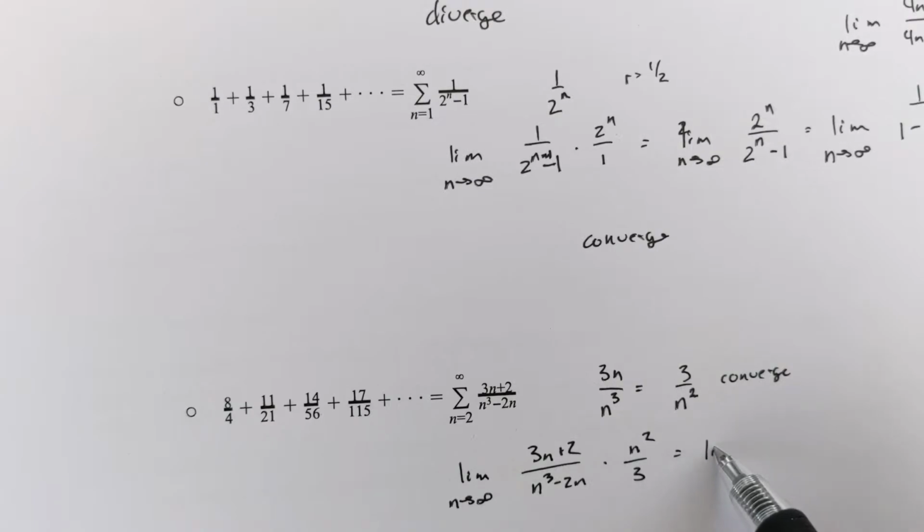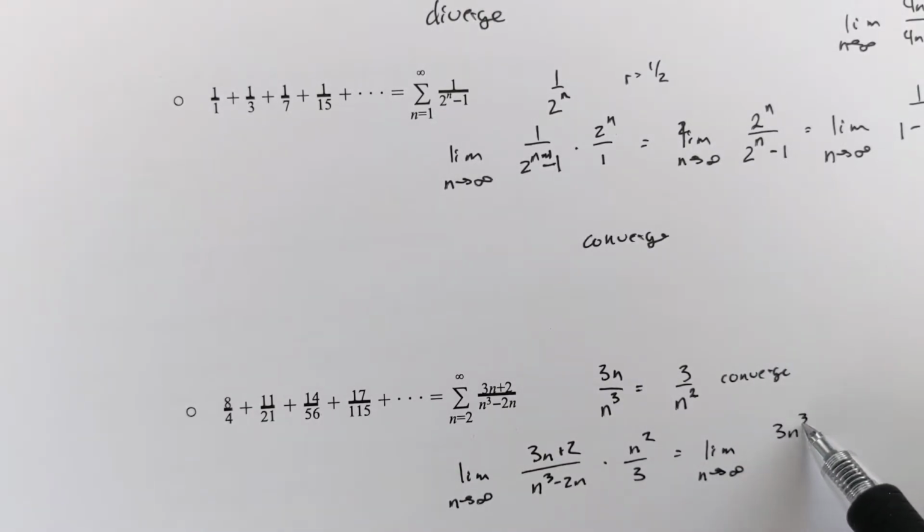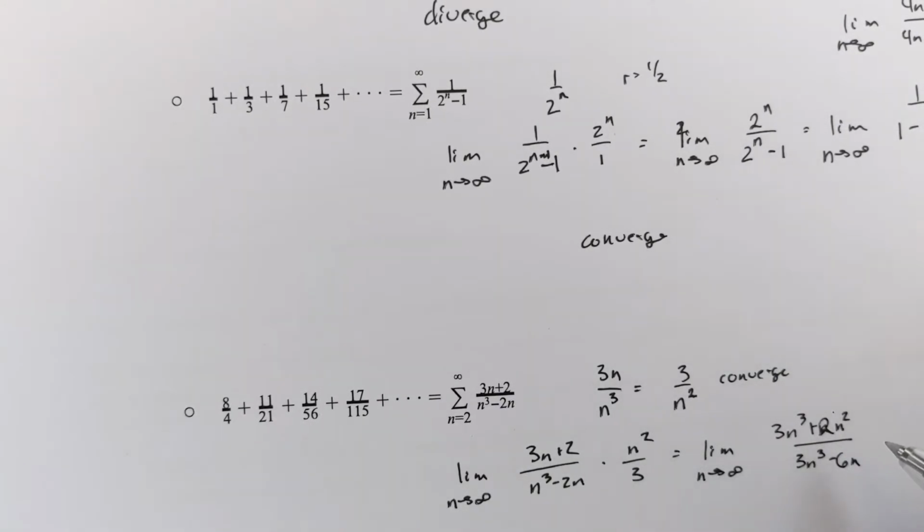So this becomes the limit as n approaches infinity of 3n cubed minus 2n plus 2n squared over 3n cubed minus 6n. So this would give me, let's see here.